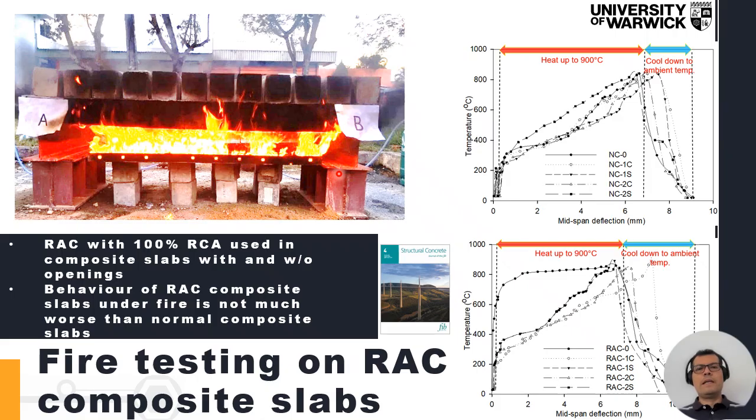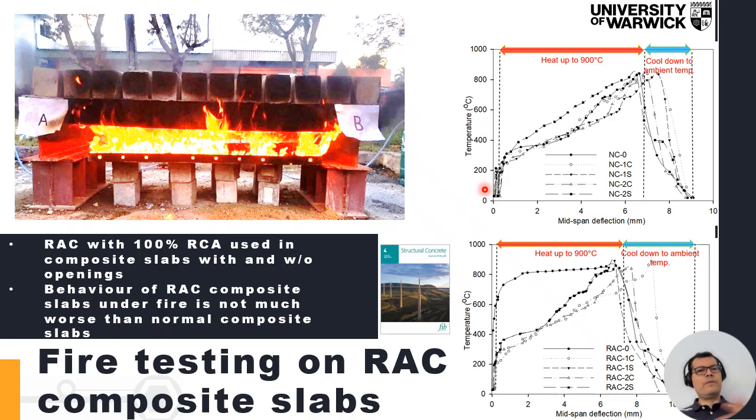We also did some fire tests on similar slabs to the ones I showed you in the previous slides, with and without openings, to basically see if the fire made a difference in terms of the behavior compared to normal aggregate concrete slabs and the RAC slabs. And the answer is yes, we observed a different behavior.